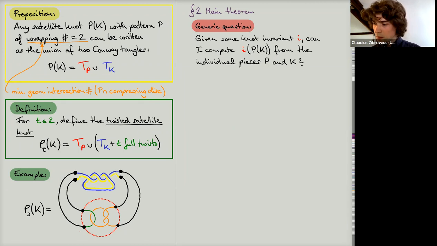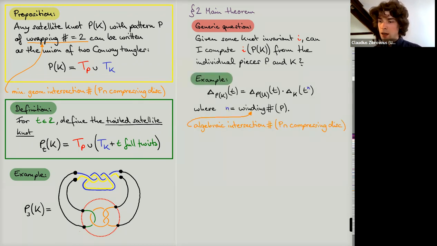An example of how this can work in practice is this well-known formula for the Alexander polynomial of a satellite knot. We can compute the Alexander polynomial of a satellite knot as the product of the Alexander polynomial of the pattern evaluated at the unknot, so we just replace the companion K by the unknot, and multiplied by the Alexander polynomial of the companion evaluated at, there we have to change the argument to t^n, where n is the winding number of the pattern.